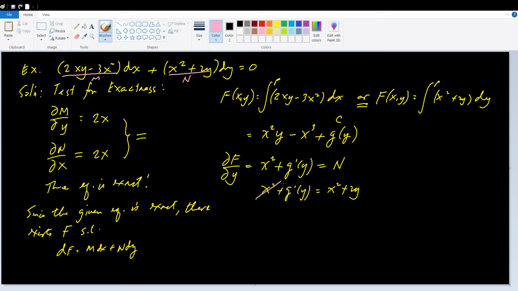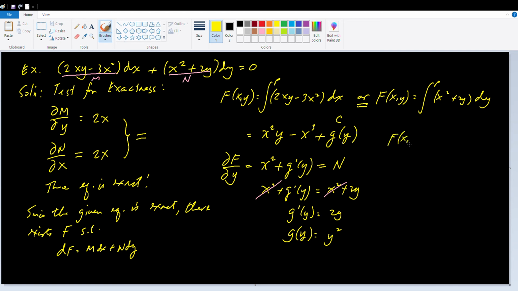We can see here that x squared can be cancelled. So we have g prime of y equal to 2y. We then integrate. Integrating, we get g of y equal to the integral of 2y dy, which is 2y squared over 2, or simply y squared. So we were able to find the function g of y.